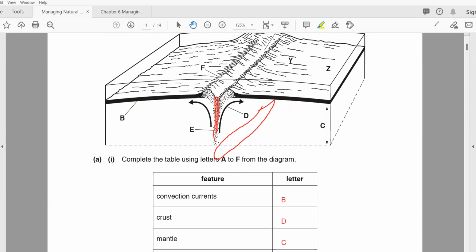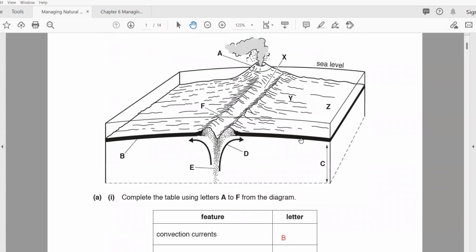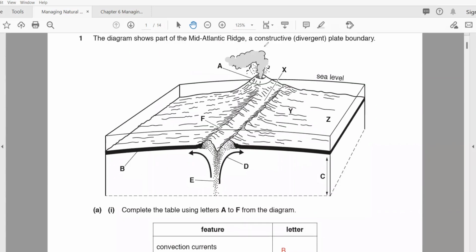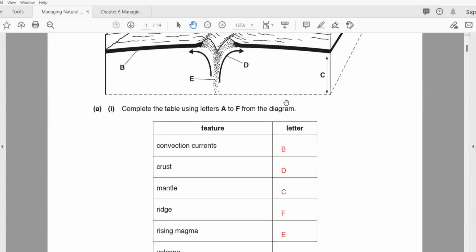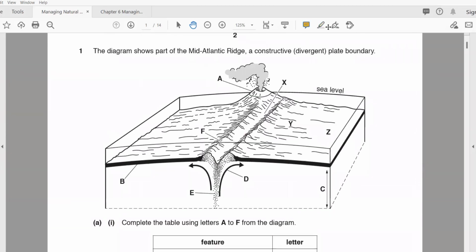Okay. And after that A is the volcano. This part. Till here we have F. Try to understand.